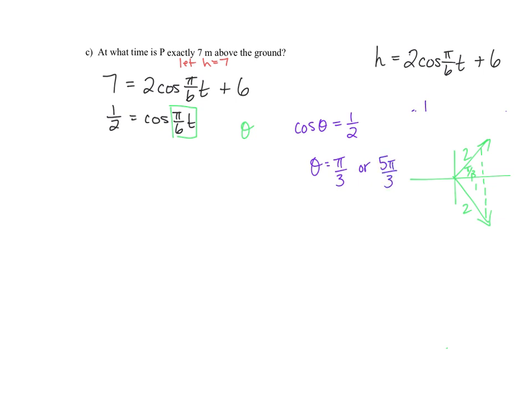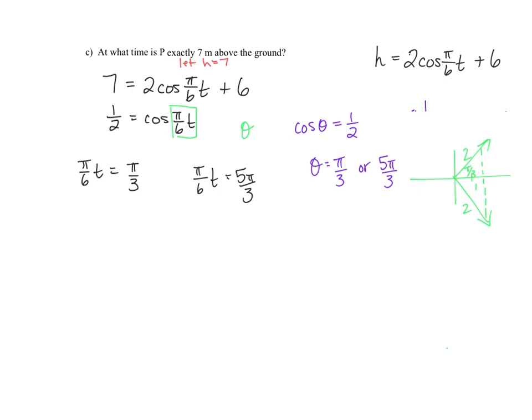But in this case, we have it as pi by 6t is really our theta. So I have pi by 6t is equal to pi by 3, or pi by 6t is equal to 5 pi by 3. Now that we have dealt with our ratio and we found out what that is, we can now deal with our angle, right?